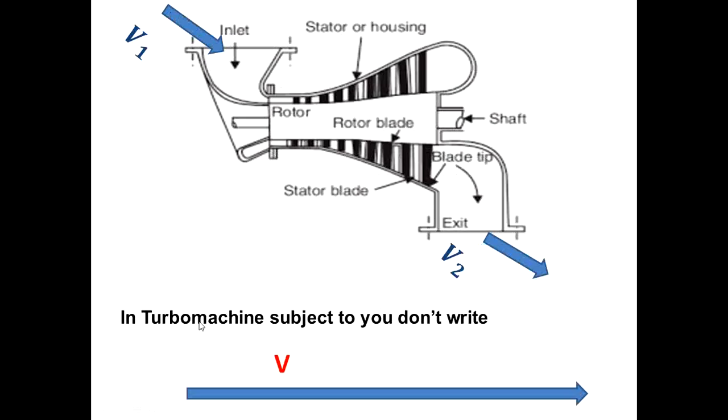Therefore in your turbo machine, absolute velocity V is drawn in the horizontal direction, except in the Pelton wheel turbine. Everywhere else you can't write the absolute velocity in the horizontal direction. In the Pelton wheel turbine, what will happen? The Pelton wheel turbine is an impulse turbine, not a reaction turbine.